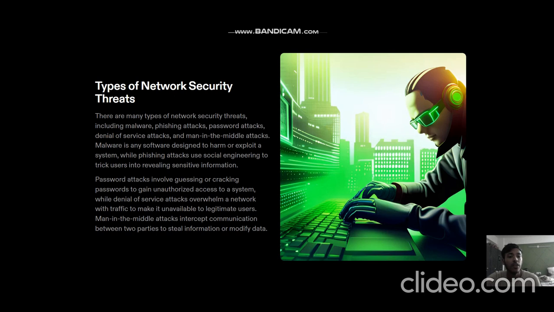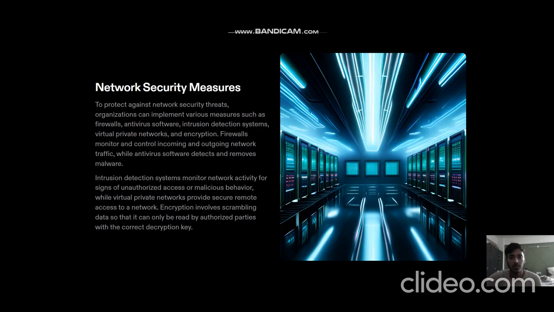Password attacks involve guessing or cracking passwords to gain unauthorized access to a system, while DOS attacks overwhelm a network with traffic to make it unavailable to legitimate users who are in need of that particular resource. Whereas MITM attacks, or man-in-the-middle attacks, intercept communication between two parties to steal information or modify data.